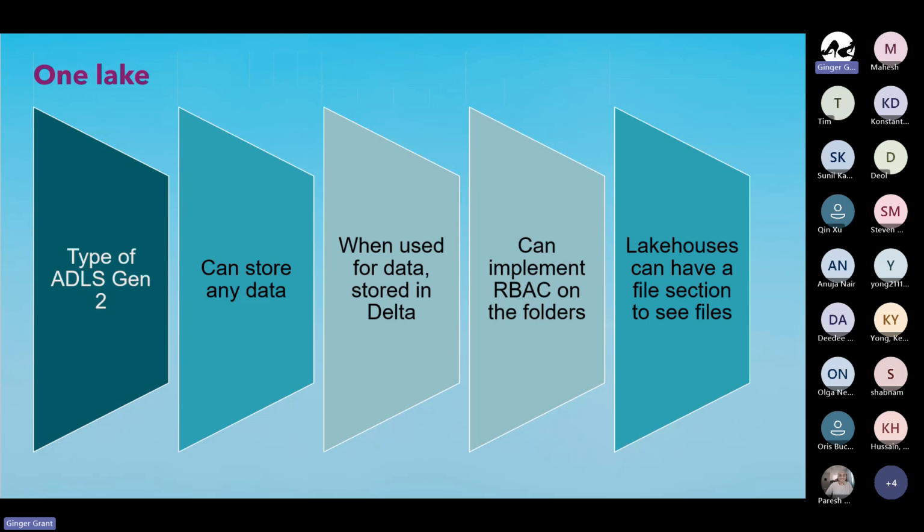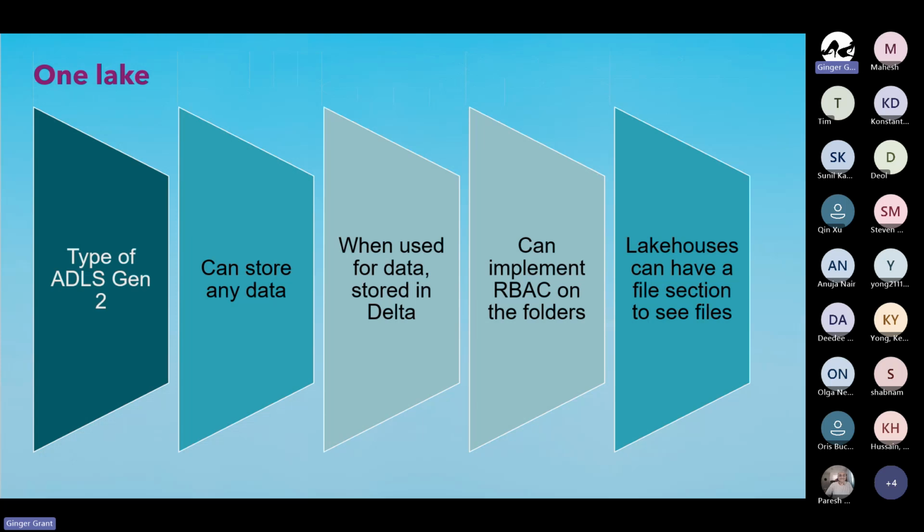And you can implement role-based access security, commonly known as RBAC, on the different folders inside of OneLake, making it even more secure. There is other security we're going to be talking about after that. And if you're using a lakehouse, that is the structure you're going to need for files.